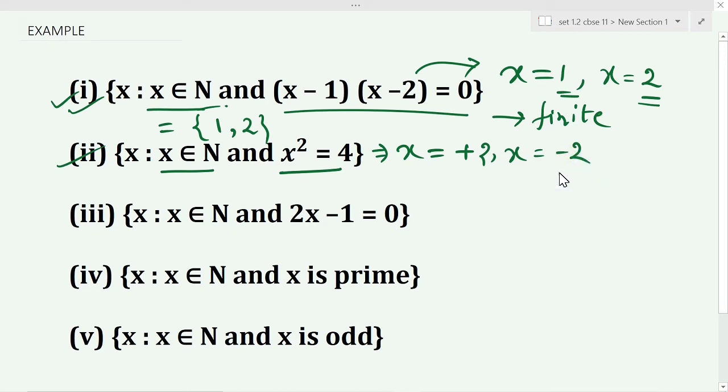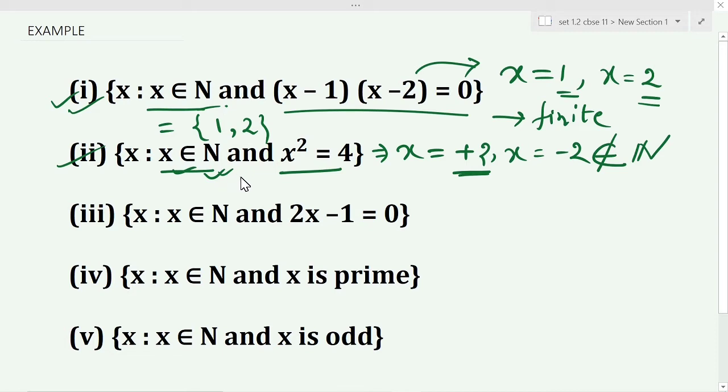Okay, now there is another condition that x is a natural number. So plus 2 is a natural number, but minus 2 does not belong to natural number. So it does not satisfy this condition.